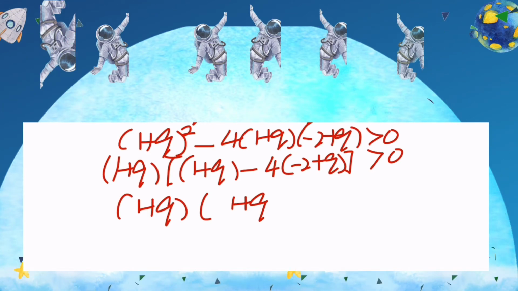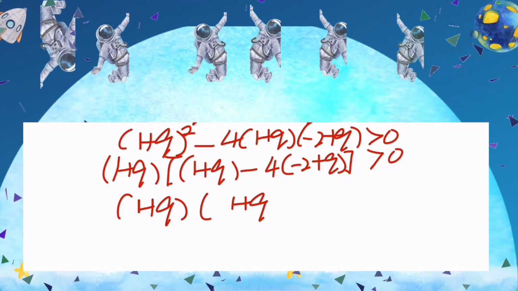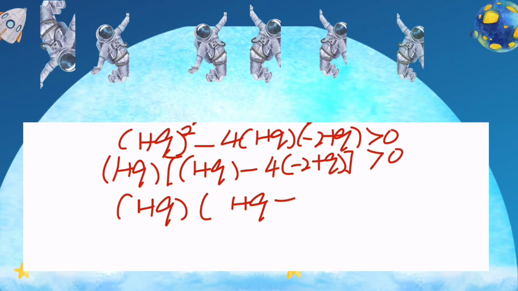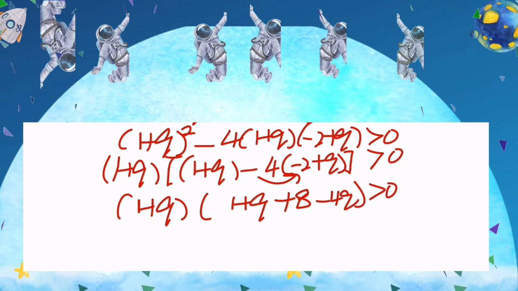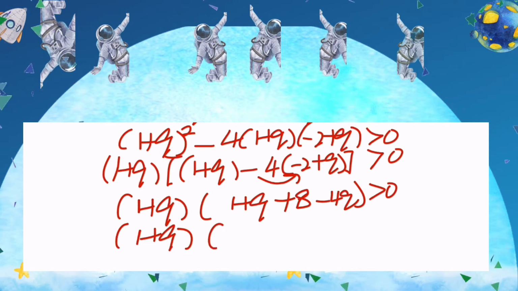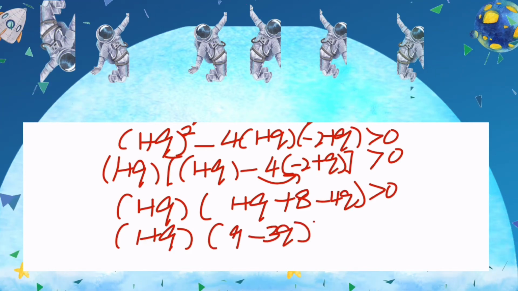So (1 plus q), -4 times -2 will be +8, and then -4 times q will be -4q, right? So let's simplify carefully. 8 minus 4q, so it's (1 plus q) and then (9 minus 3q) more than 0.